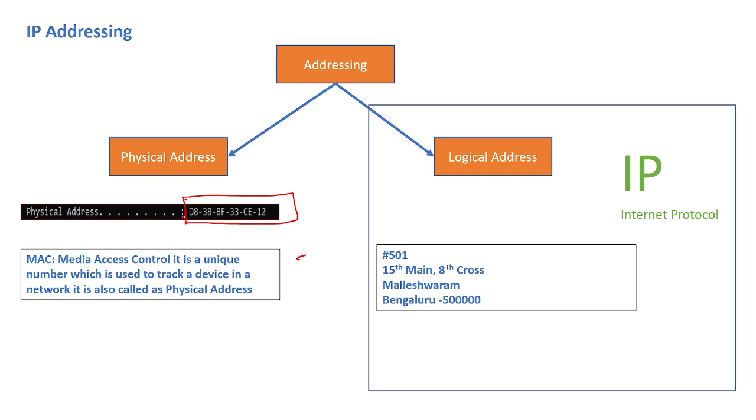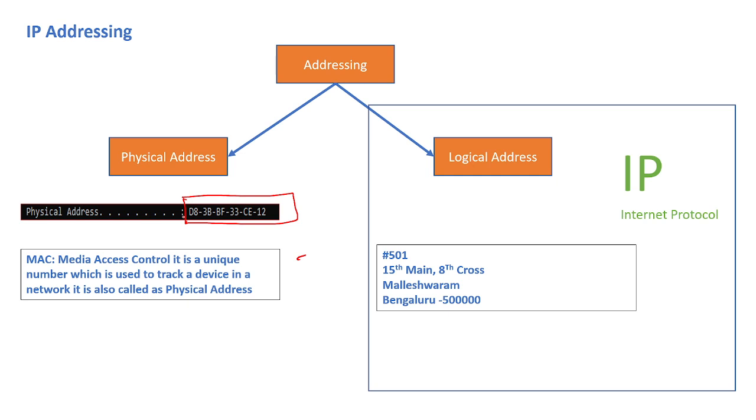The same goes for the computer. If any hacking has happened, they don't use the IP address to track; they actually use the MAC address to track. That is the physical address.